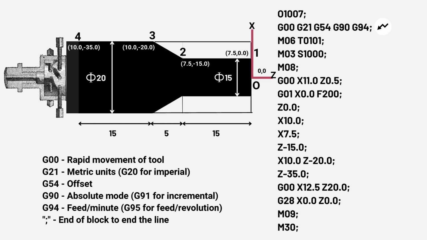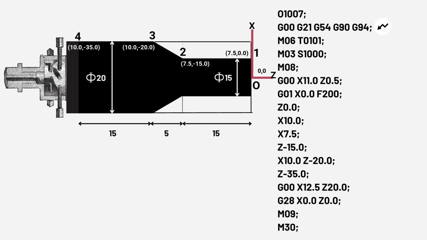G90 is obviously used for announcing that the approach is absolute. G94 command is used to tell the machine that feed per minute is used. If in any case feed per revolution is desirable, we shall use G95. And finally the end of block, which is denoted by a semicolon. This ends the block or line of the program.